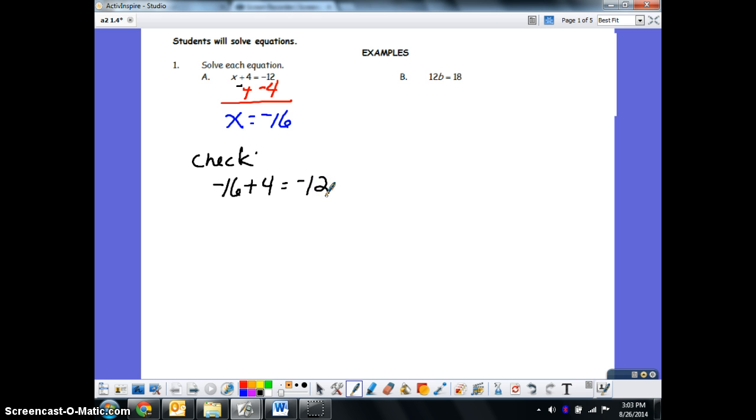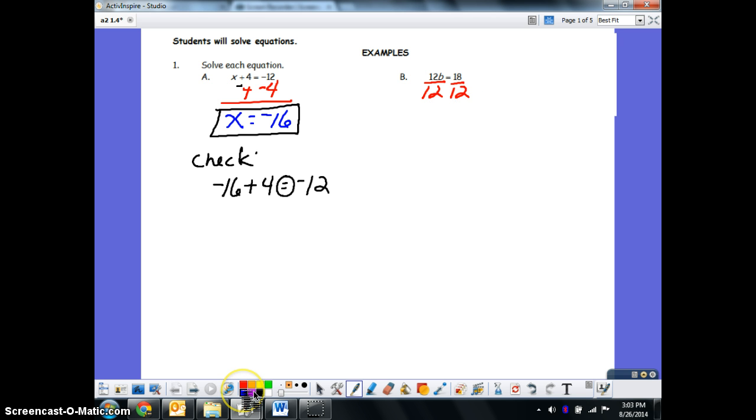And with addition of integers, negative 16 plus 4, we have opposite signs, so we subtract them and keep the sign of the largest. Negative 16 plus 4 is in fact negative 12, so that means x must be equal to negative 16.